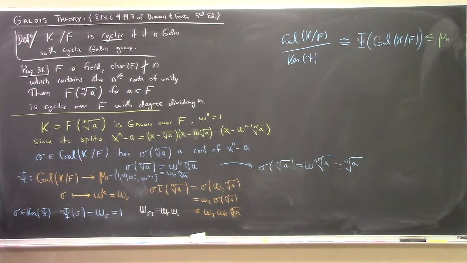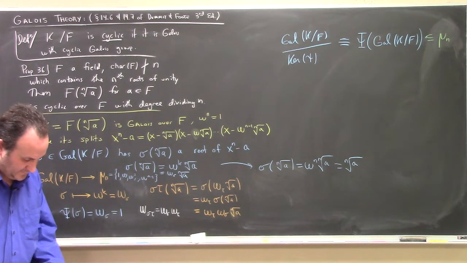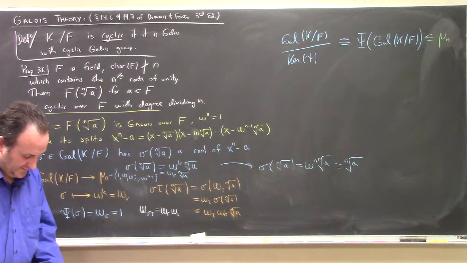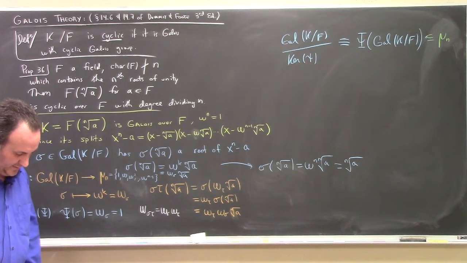It's essentially a converse to proposition 36. And he also tells us that the two propositions above form part of what's referred to as Kummer theory.